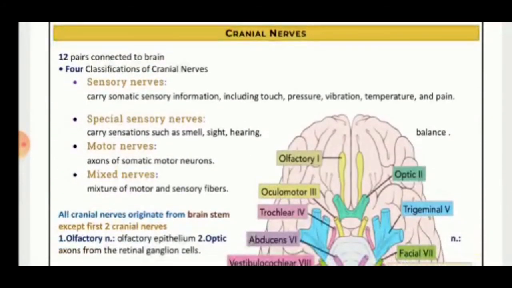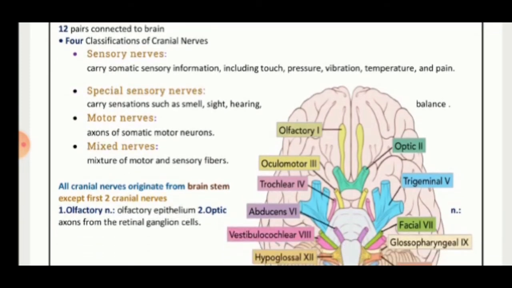Finally, the cranial nerves, which originate from the brain. There are 12 pairs of cranial nerves that originate from the brain and are classified as follows: either sensory, carrying sensory information from any receptor, touching receptor, temperature, pain, pressure, or a special sensory neuron for our sensations, hearing, vision, smell.